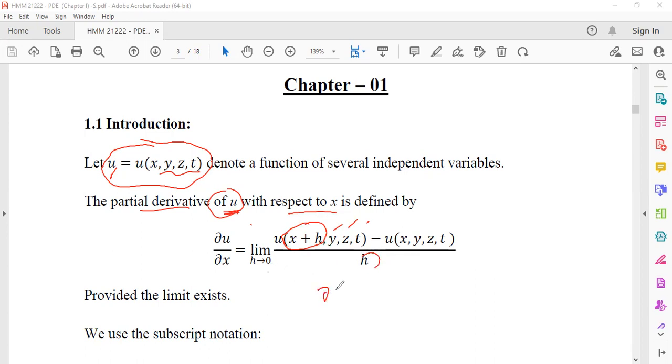Similarly, we can define the partial derivatives of u with respect to y, z, and of course t. I hope you all get that idea.